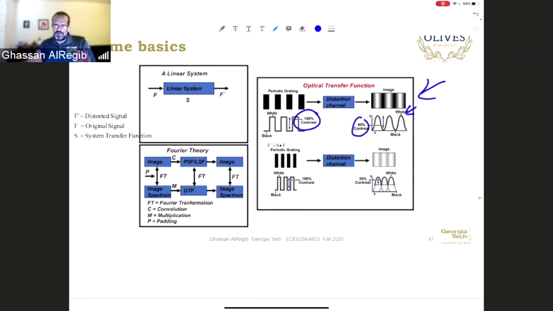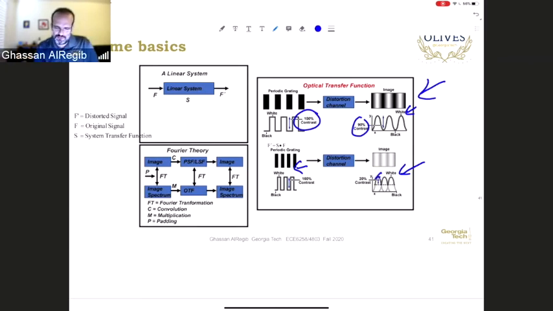Now if the periodicity in the input grating is different, as in this case, again the input has 100% contrast. Now you have a different optical system with different distortion, and you get this as the output. What you had as 100% contrast in the input signal, in the output you will have only 20%.